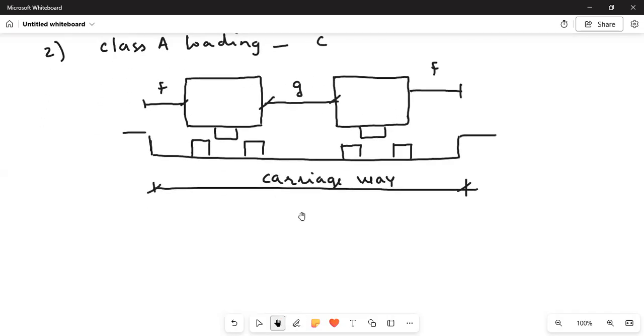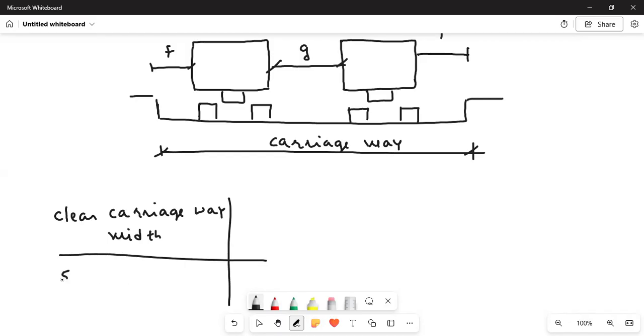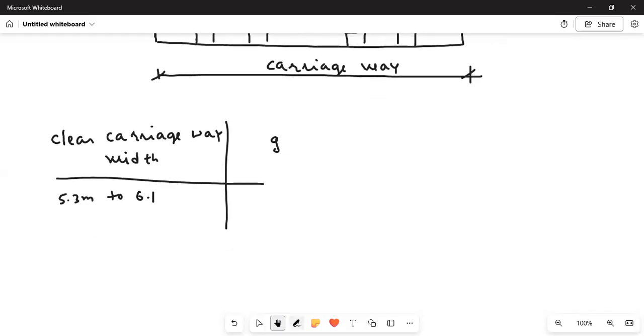I will tell you. All this data is given in IRC 6, 2017. You can refer there. You don't have to remember, but try to understand what it is. Clear carriageway width: if it is between 5.3 meter to 6.1 meter, then G will vary from 0.4 meter to 1.2 meter.